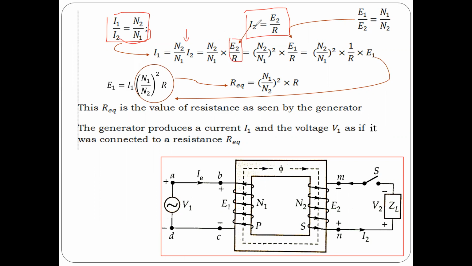So if I introduce this in place of I2, and I know that E2 can be written as N2 over N1 times E1, this would be the square of it times E1 divided by R. This can further be written as N2 over N1 squared times 1 over R times E1, which is equal to I1. Don't forget that this is equal to I1. So I can find E1 in terms of I1, and that leads to this formula.